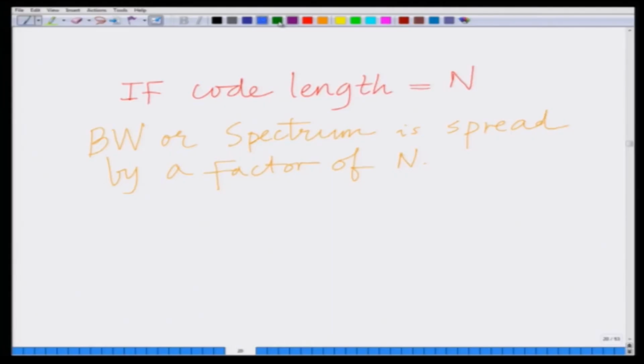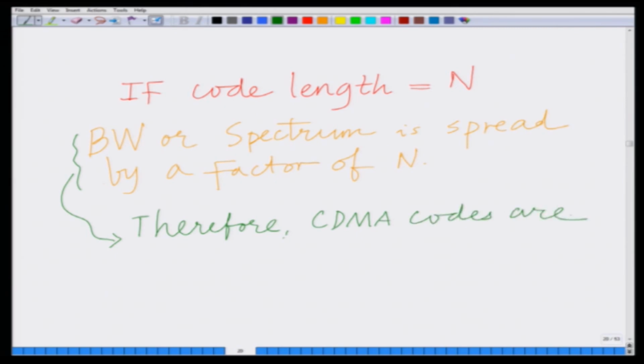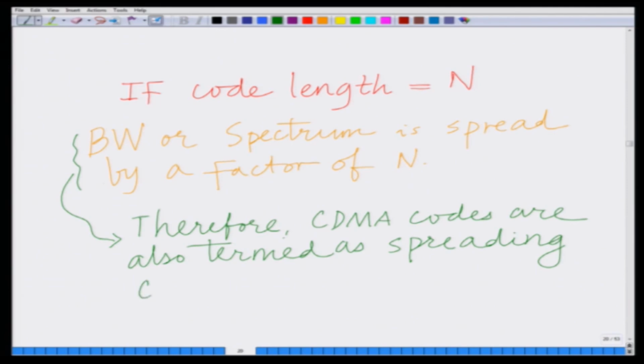Therefore, the codes in the CDMA system are also termed as spreading code.